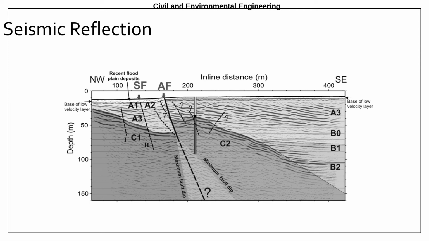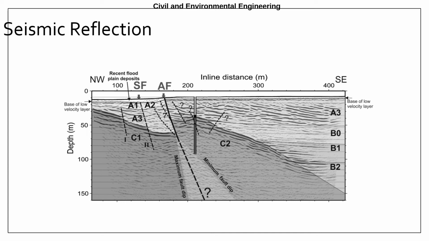Now, this is another example of using seismic reflection, this time for an active fault. So what we have here is two layers.